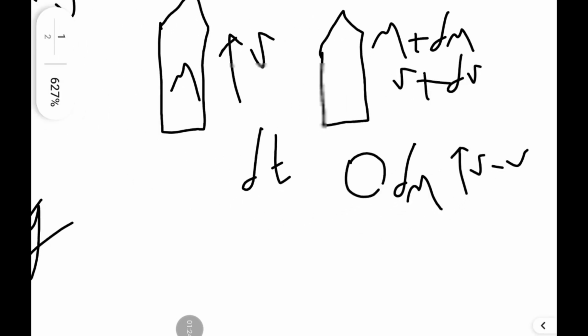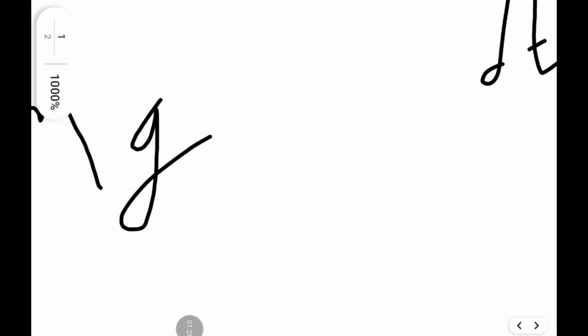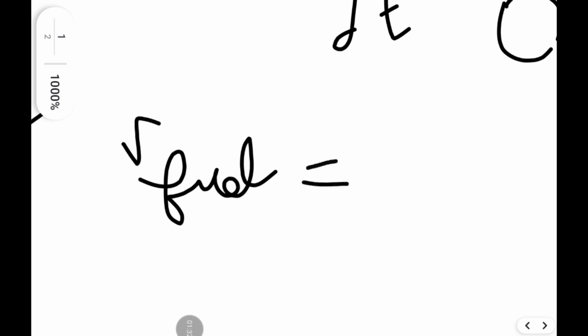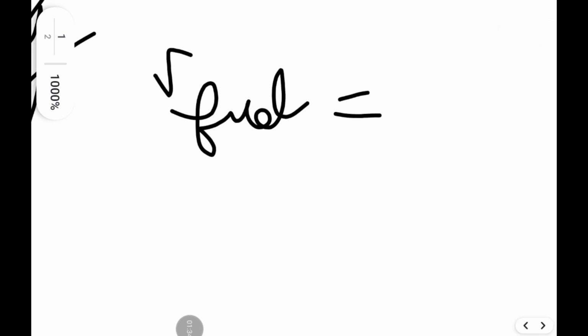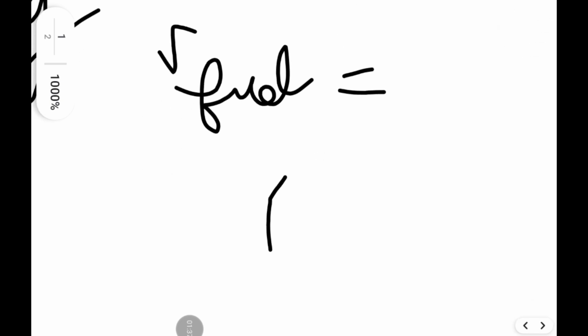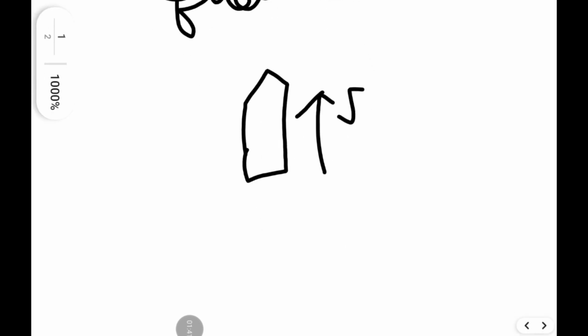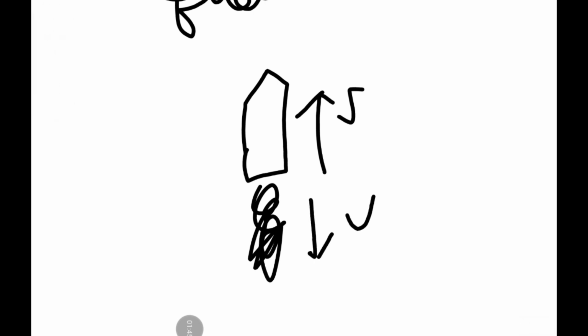Now, the reason that velocity is v minus u is because if we look at relative velocity, that's the velocity of the fuel. Think of it this way: you have the rocket moving upwards, like that, with velocity v, but the fuel being ejected is moving out at, let's say, velocity u.